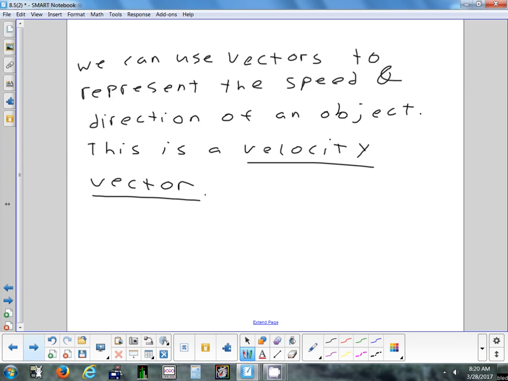So we're going to do one example with a velocity vector, and then the next example we're going to do is with force vectors. Okay, so a velocity vector basically describes the speed and direction of an object.